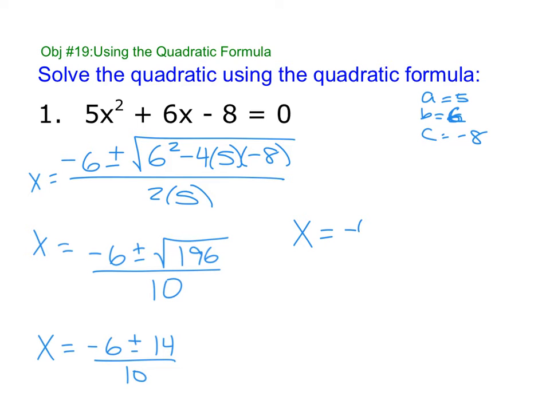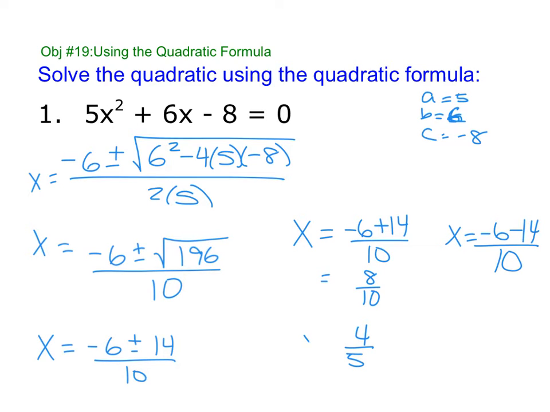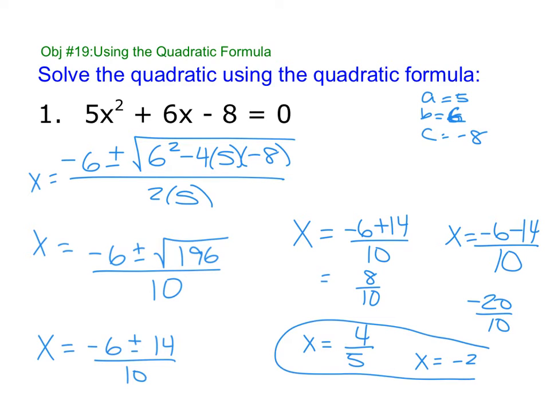So I've got my negative 6 plus 14 over 10 and negative 6 minus 14 over 10. So negative 6 plus 14 is 8. 8 divided by 10, which is 4/5. And then over here we get negative 20 over 10. So x is negative 2. And those are our two answers.